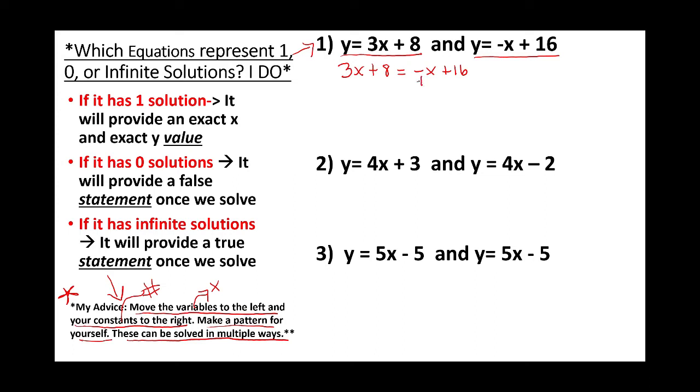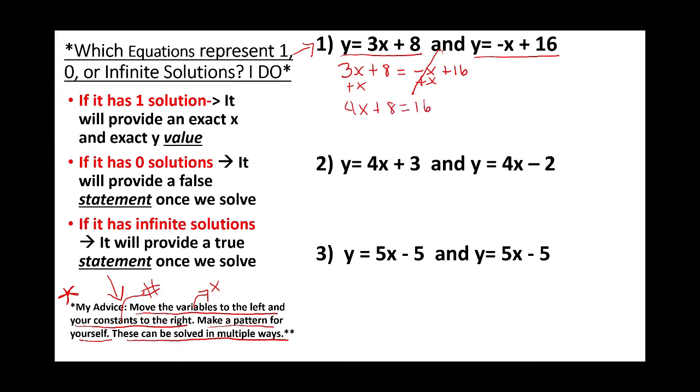So I'm going to do plus x on both sides. These x's cancel. So right now, all I did was move this x over. And I have 4x plus 8 equals 16.